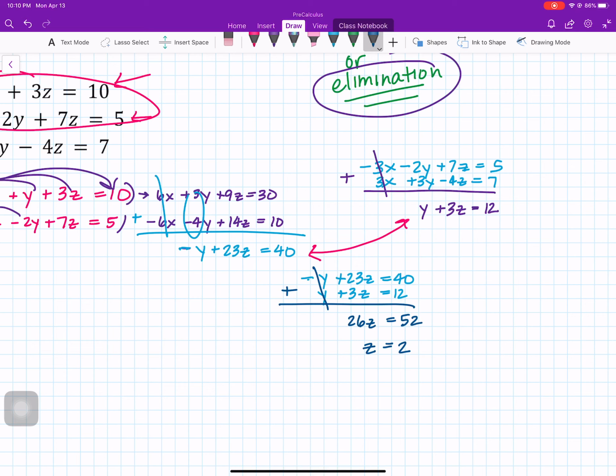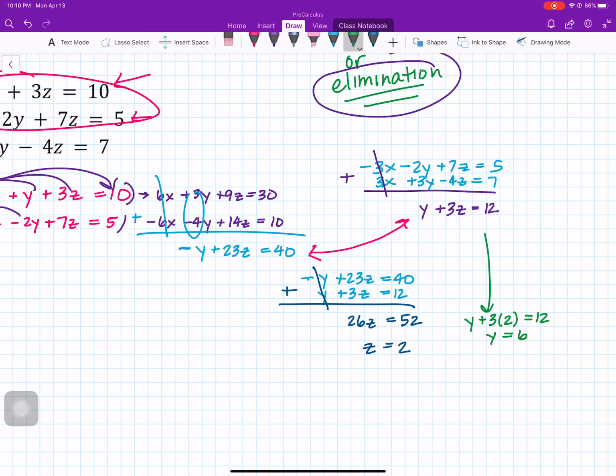And now I just have to work my way back up. So if I know z equals 2, let's grab this equation down here and we'll plug in z. So y plus 3 times 2 equals 12. 3 times 2 is 6, so that means that y has to equal 12 minus 6, which is 6. So I got z, I got y. Go ahead when you're doing this and take your time and make sure that you're doing it right as you go.